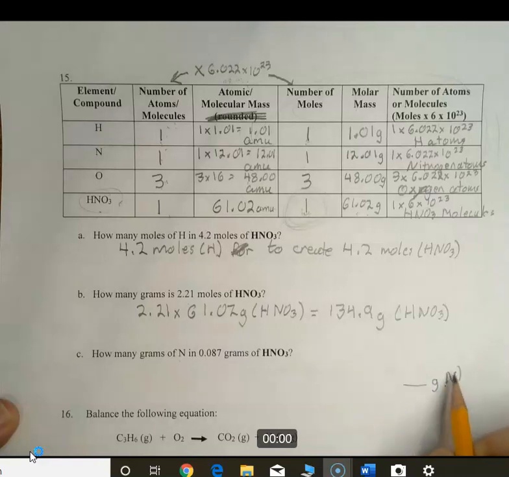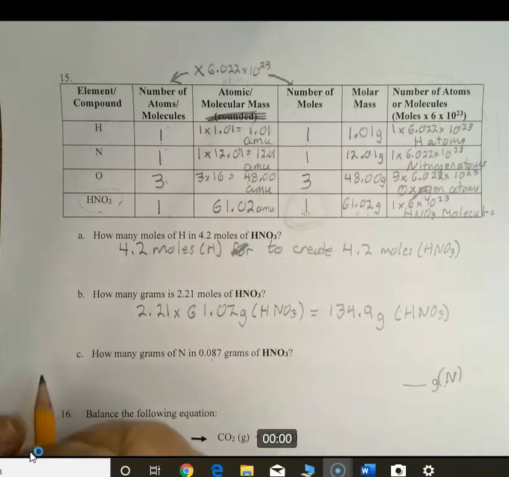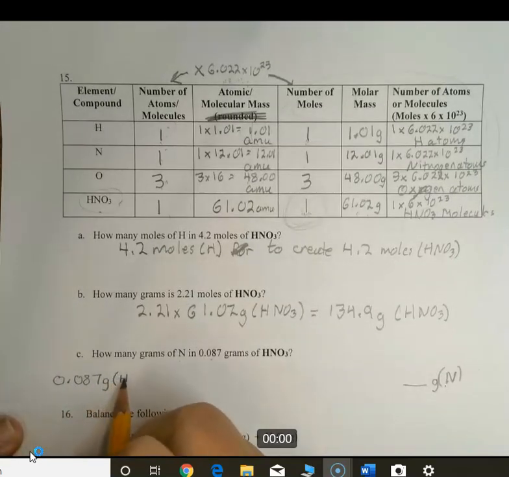That's what it's asking us for. And what it gives us, way over here on the left, what we start with is 0.087 grams of HNO3.